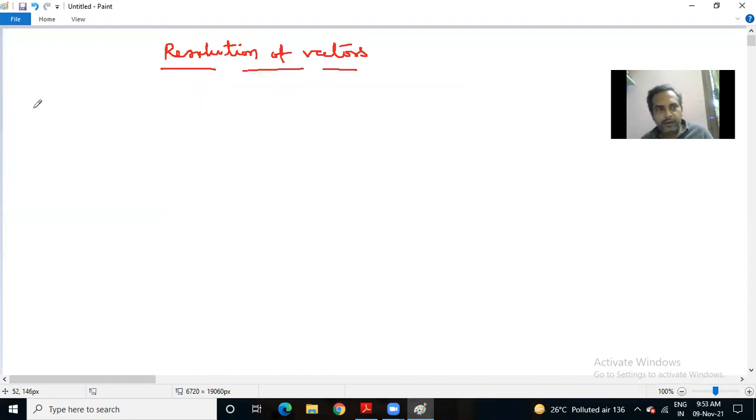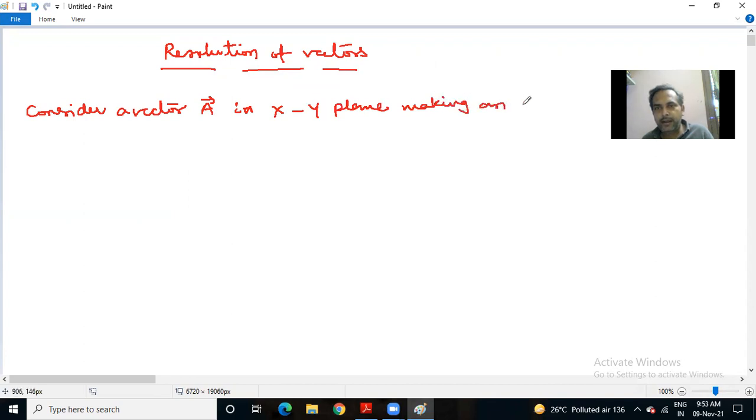So we need to consider a vector A in the XY plane, making an angle theta with the x-axis.